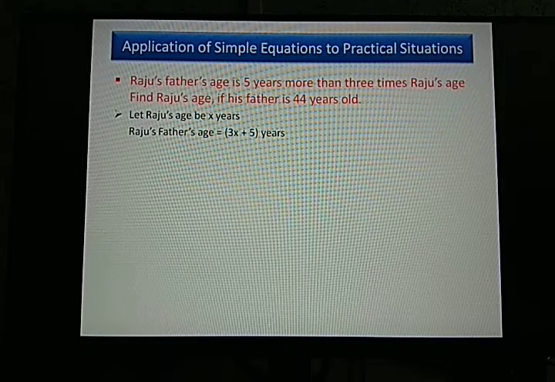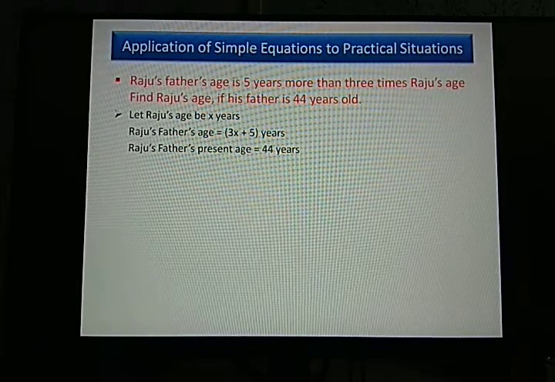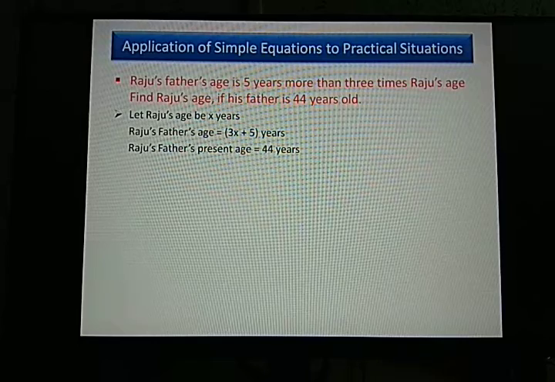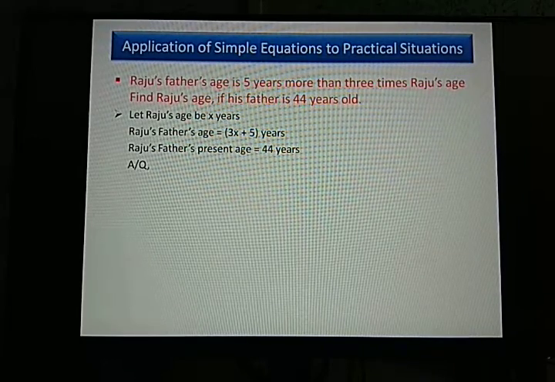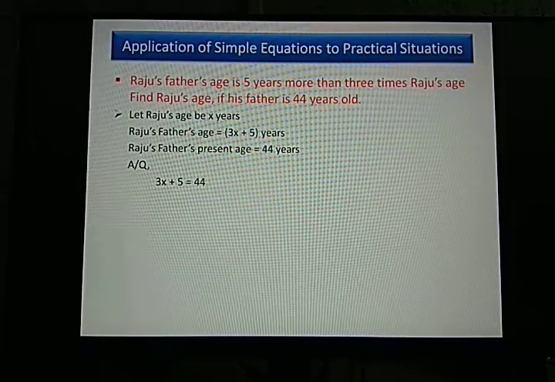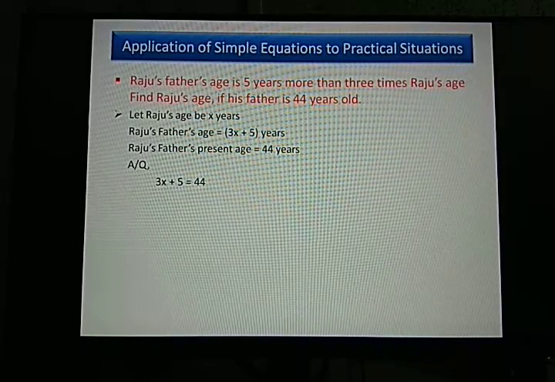Clear? Because 3 times of Raju's age, that is 3x, and if we add 5 more years to it, that is plus 5, then it will give us Raju's father's age. Now according to the question, Raju's father's present age is how much? 44 years. So let us make the equation now. According to the question, 3x plus 5 is equal to 44. This will be our required equation.